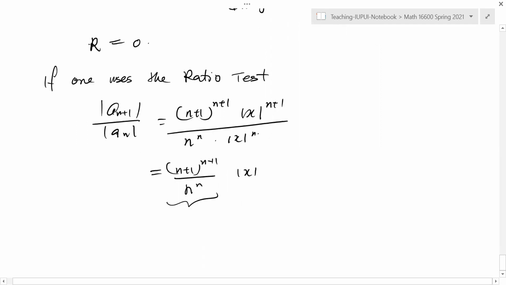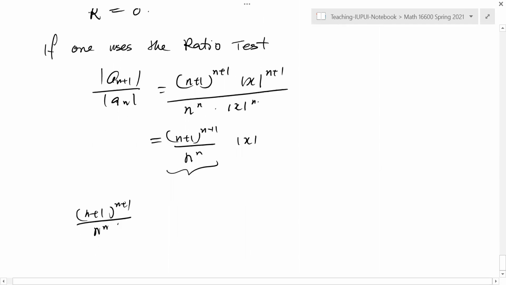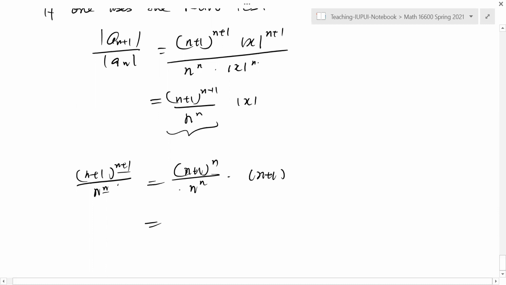Okay, let's take a look at this. That depends on how much math you learned before. I want to simplify and find the limit. I find that here is n plus 1, so I can separate them, then put them together. It's (1 plus 1 over n) to the nth power, times n plus 1.